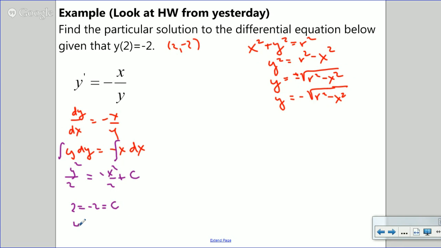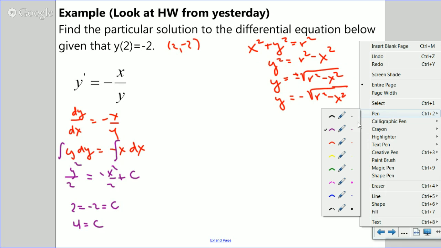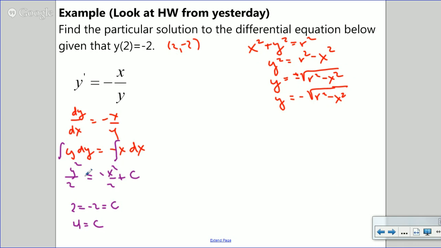So if I add 2 to both sides, it looks like c is 4. Okay, what do I do now? Now I come back to this point where I had c, and I plug in what I now know c is. So I have y squared divided by 2 is equal to negative x squared divided by 2 plus 4.